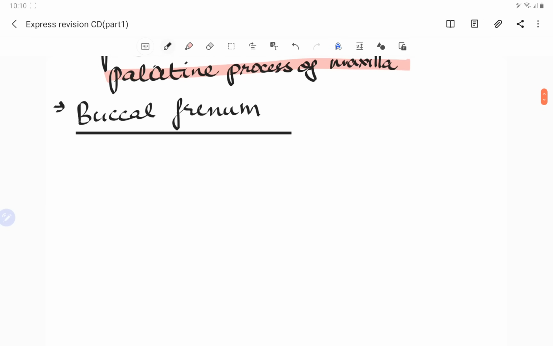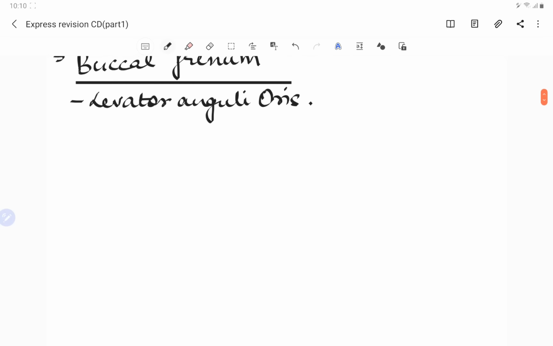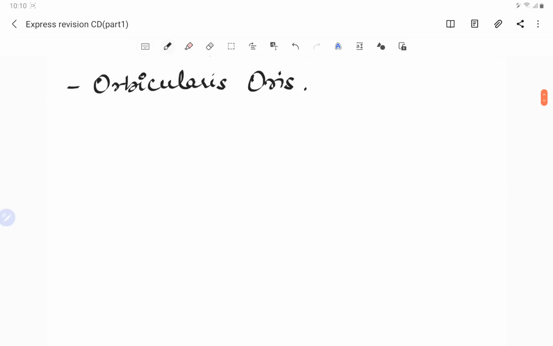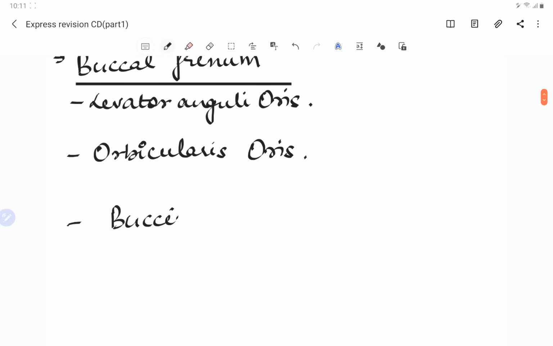So, there are 3 muscles attachment which we will be studying, which is the levator anguli oris, which is going to attach beneath the frenum, the orbicularis oris, which is all over the mouth, which pulls the frenum forward, and the buccinator, which is going to pull the frenum in the backward direction.